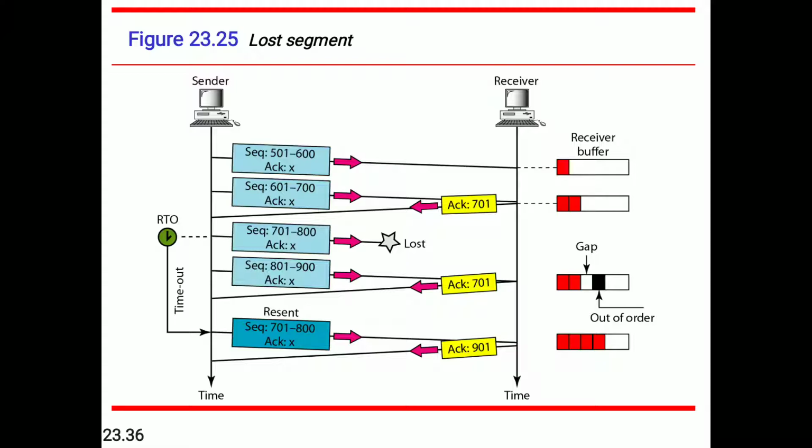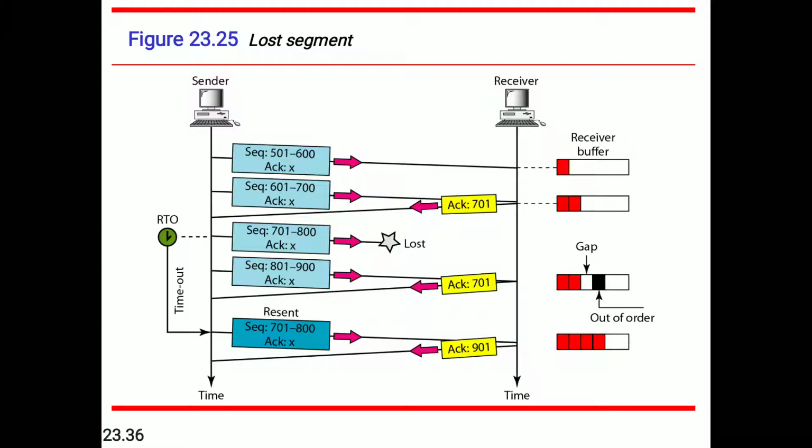Now the sender is sending 701 to 800. Let us assume this segment 701 to 800 is lost during the transmission. But the sender does not know that that particular sequence is lost. So without knowing this, the sender is sending 801 to 900.